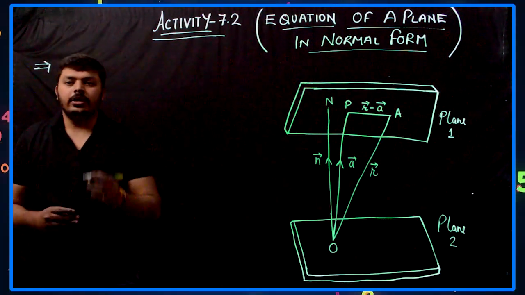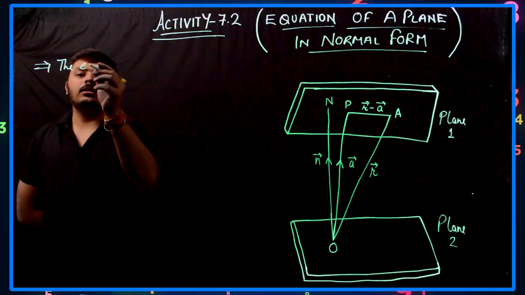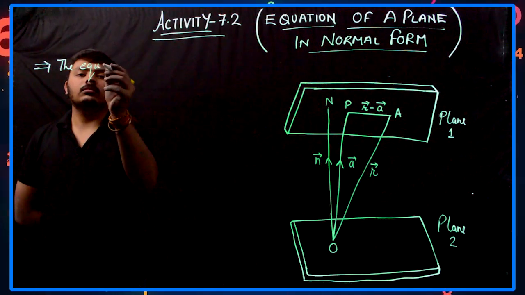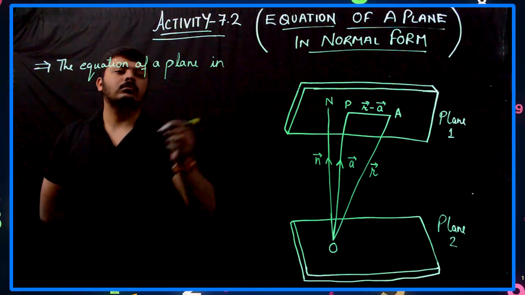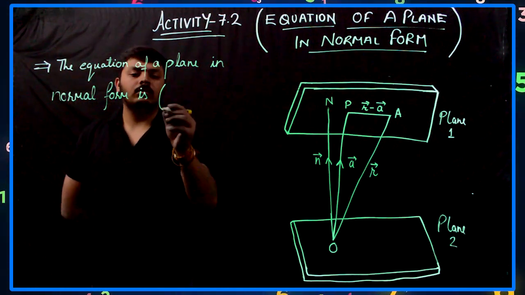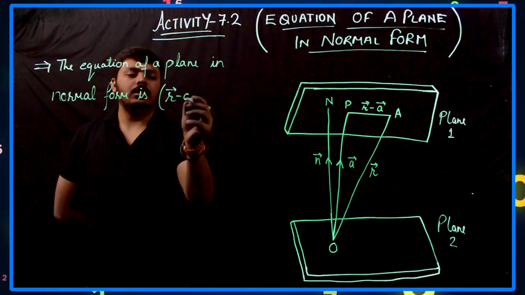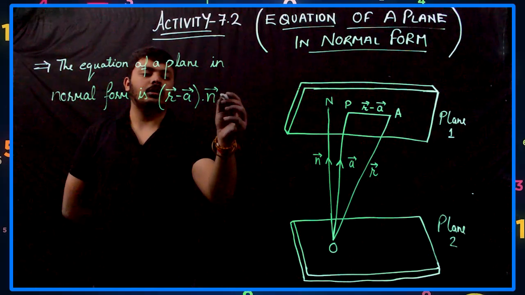Hence, we conclude that the equation of a plane in normal form is r vector minus a vector dot n vector equals 0.